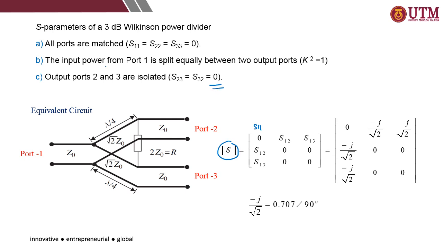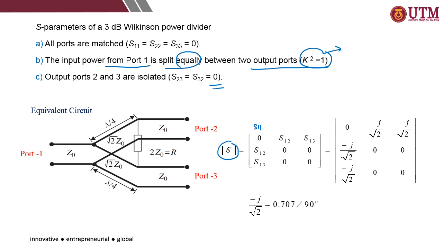The input power from port 1 is split equally between the two ports, in which K squared equals 1. This provides the power division ratio between the two ports, port 3 and port 2.